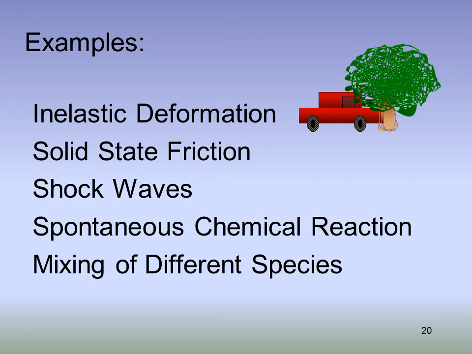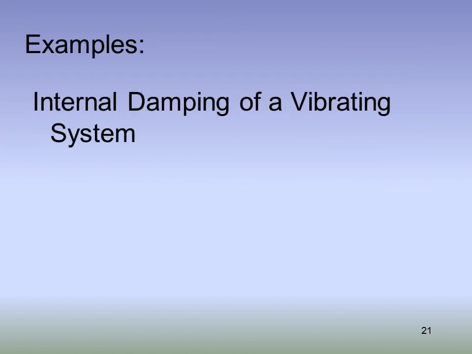Anytime you mix two things together, if I put dye into liquid water, drop a few drops of food coloring into it, how are you going to make that go back the other way? You're not, unless you put some work in to make it happen. Other examples, internal damping of a vibrating system, say the shock absorber on your car. You go over a railroad track and the car bounces up and down.